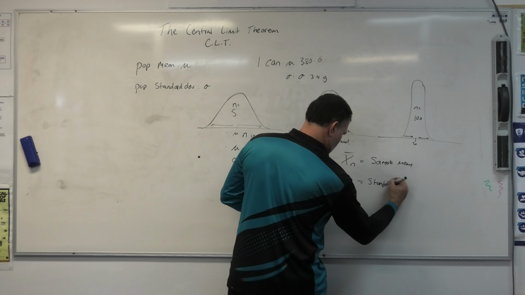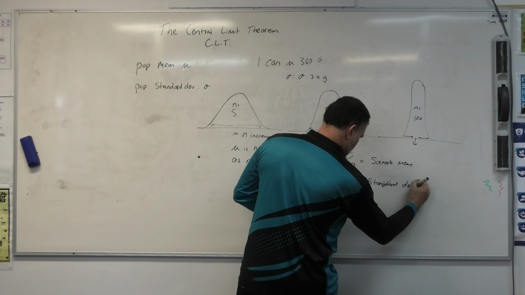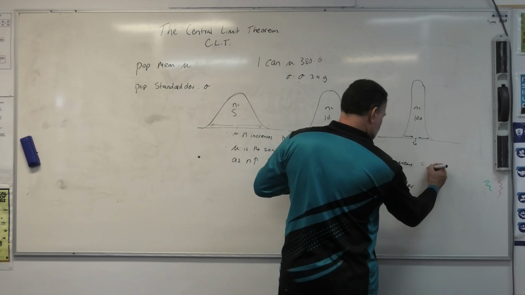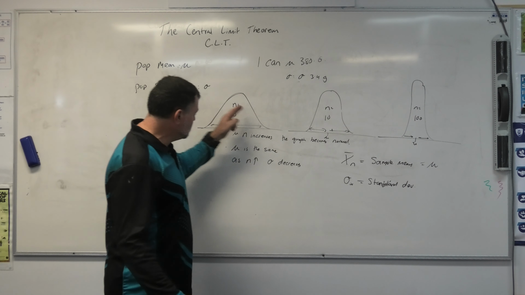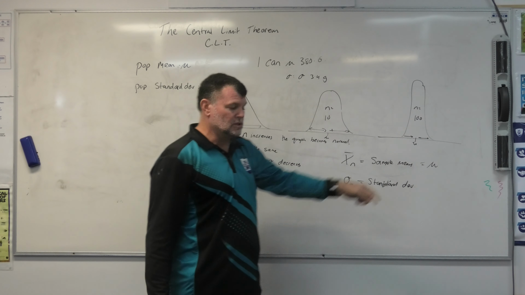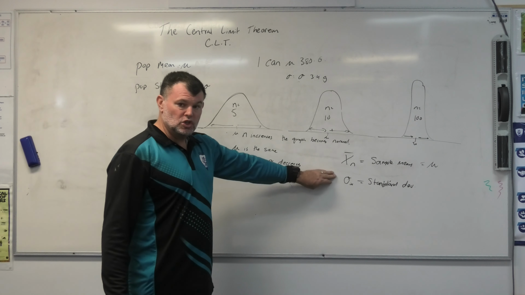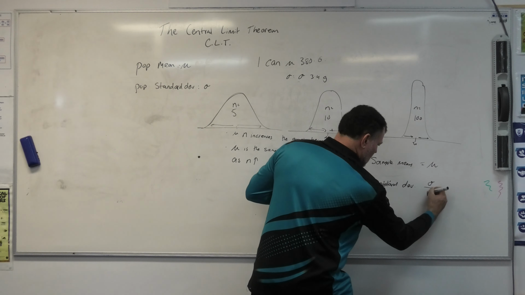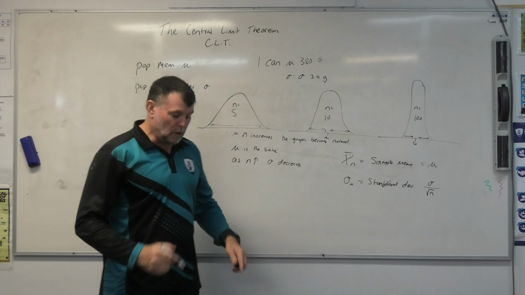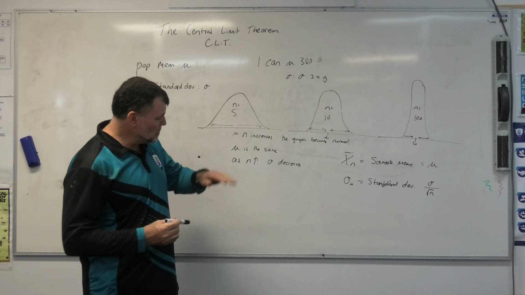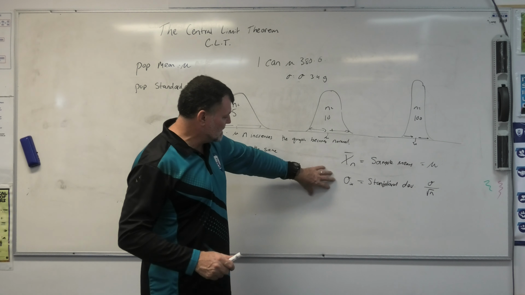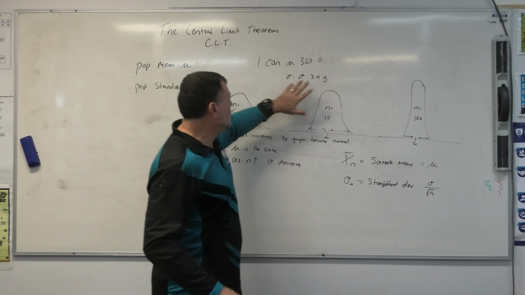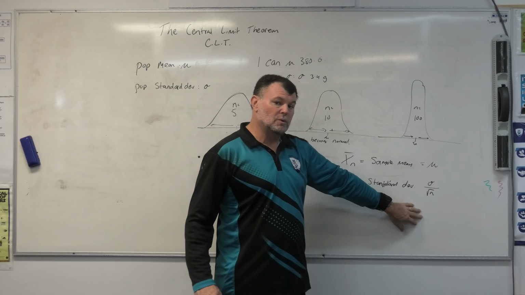Now, the mean is exactly the same as your population mean, as we can see in these calculations. However, your distribution, because it's changing, needs a new way of calculating that. So to calculate the standard deviation of the sample means, we take the standard deviation of the population and divide it by the square root of n.